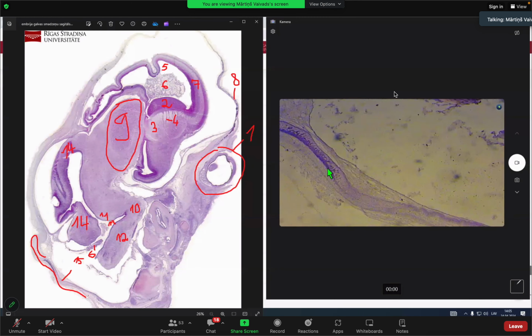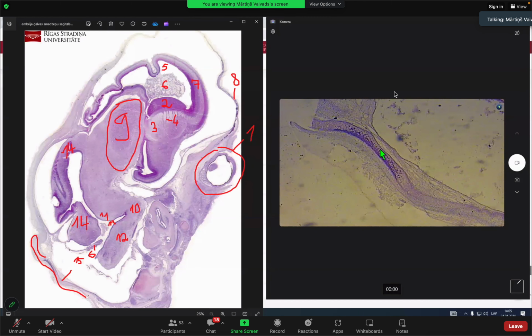So you see there's a plate of hyaline cartilage, chondrocranium. So number 15, chondrocranium.